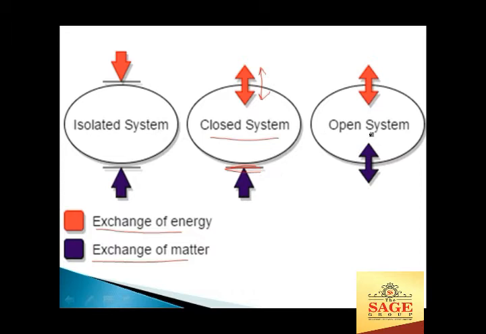But if we take the example of the open system, there is the exchange of energy, shown by the red arrows, as well as the exchange of mass, shown by the blue color. So both the exchange of energy as well as exchange of matter will occur. Then such a system is known as an open system.